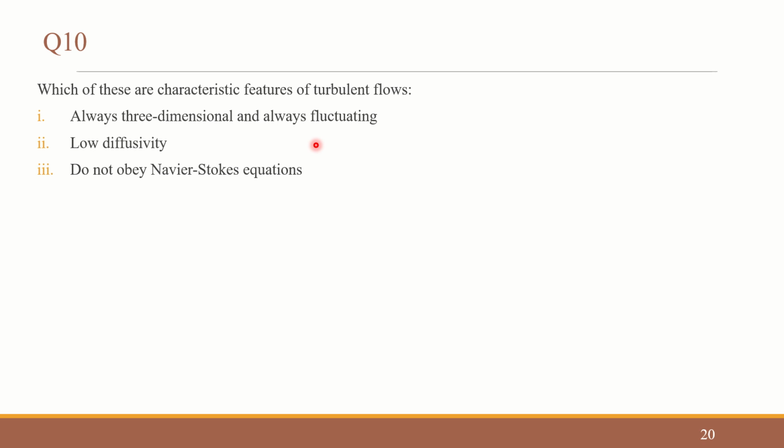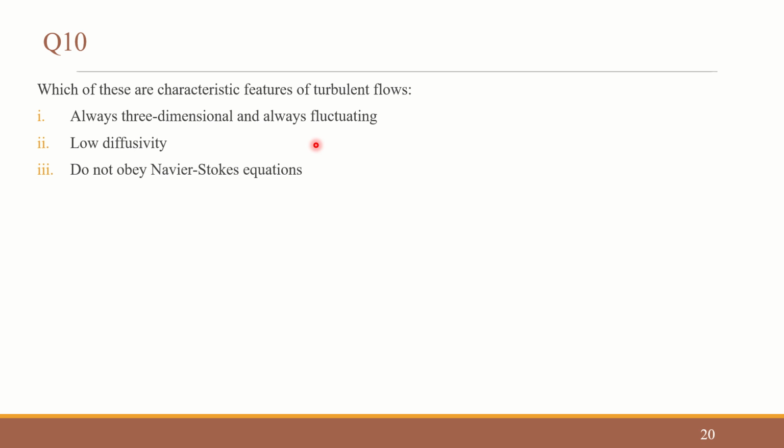First one, it is always three-dimensional and always fluctuating. This is true because we are always dealing with three-dimensional flows and it is always fluctuating. Second one, it is given as low diffusivity. Is it low diffusivity? No. We observe that turbulent flow systems have high diffusivity. So the second one is false. Third one, do not obey Navier-Stokes equation.